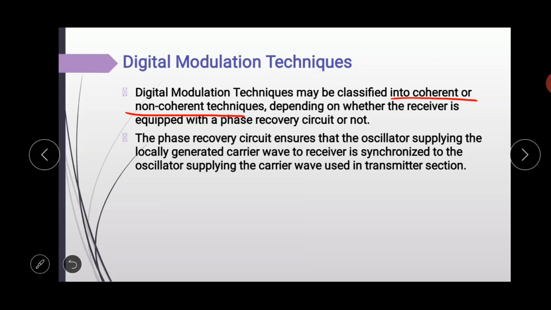The advantage of such type of system is that the system becomes very simple, as synchronization is not required. But there is a disadvantage also present. What is that disadvantage? That is error probability increases.